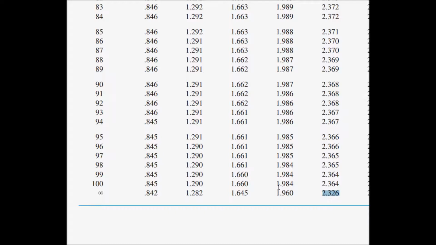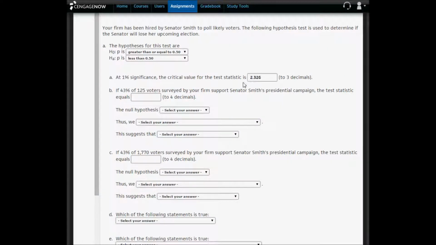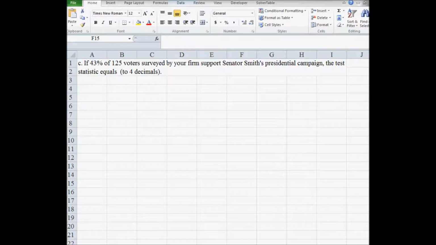The values in the infinity row are z values, standard normal values. I'm going to copy this value and then paste it into Cengage Now. After pasting it into Cengage Now, we have to make it negative because the alternative hypothesis indicates that this is a lower tail test.